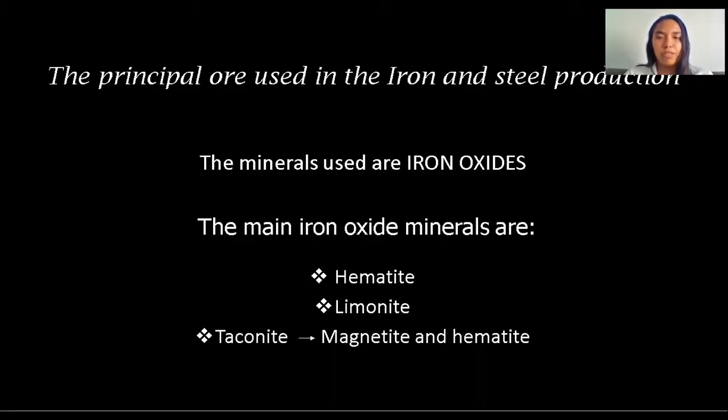The main iron oxide minerals are hematite, with 70% iron, which is the most abundant; limonite, with 59.8%, also called the brown mineral; and taconite, which is low grade iron containing up to 30%, with magnetite, which is a black mineral, and hematite.